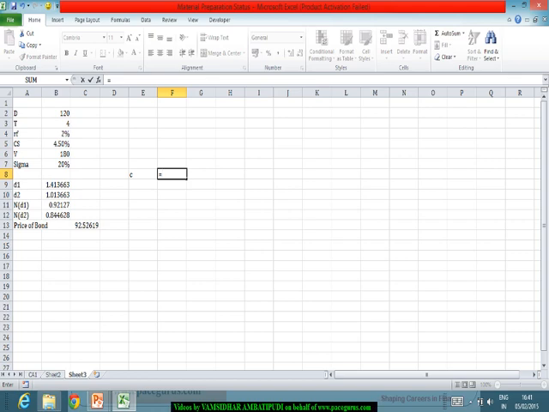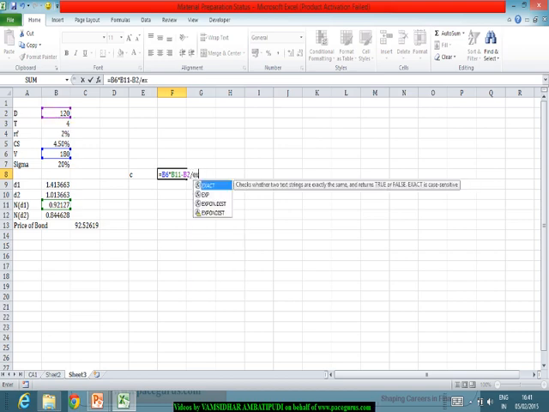the price of the call option is S0, which is nothing but the value of the firm, times N of d1 minus X by e power RT, which is the value of the debt divided by e power RT, times N of d2.